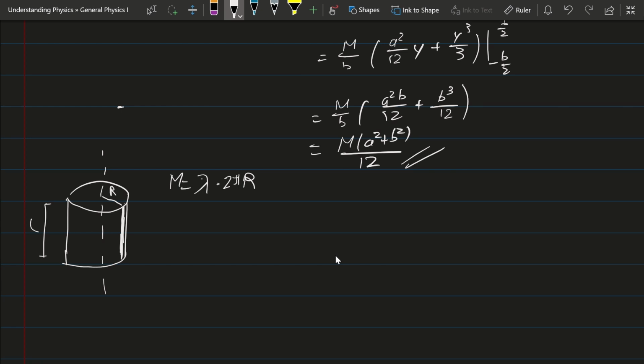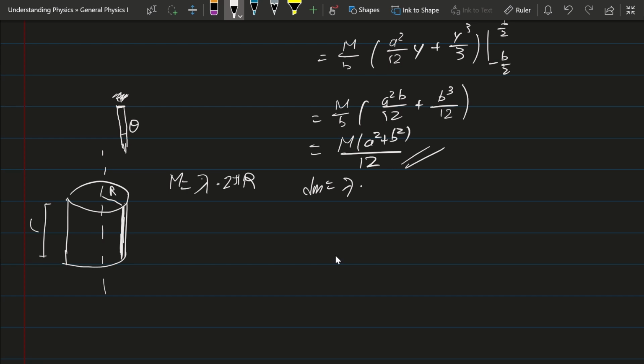So for this very small mass here, this will be the lambda, multiplied by this very small length, which will later be described by this angle theta.